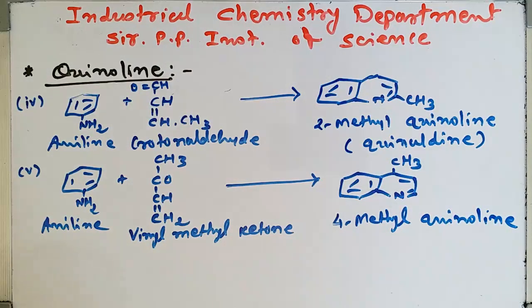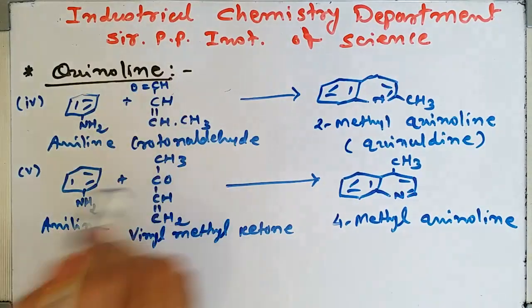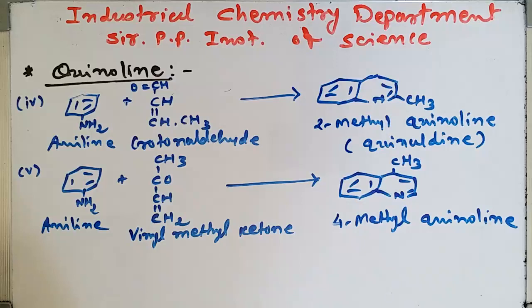So these are the two more examples of the general mechanism of synthesis, which does not involve the condensation of the imino group with the carbonyl group. Aldehyde and ketone both contain the carbonyl C=O group.